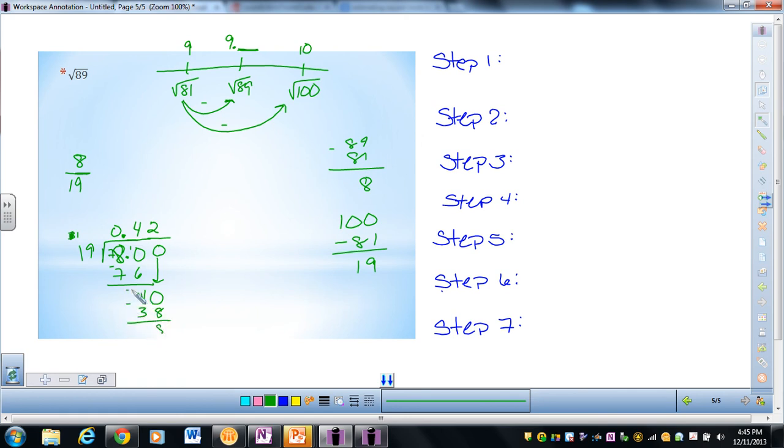And that leaves me with 2. And then I can do one more place. And 19 goes into 20 1 time, leaving me with 1. And I need to round to that spot right there, so I'm looking at this number. So my answer here is going to be 0.42. And I know that this number right here goes into my answer up there, so it's going to be 9.42. So my answer to the square root of 89 is 9.42.